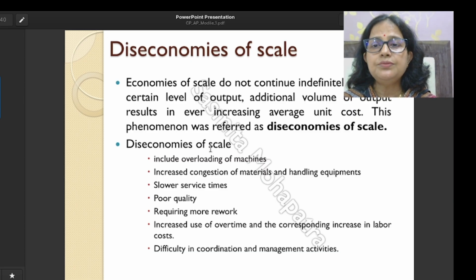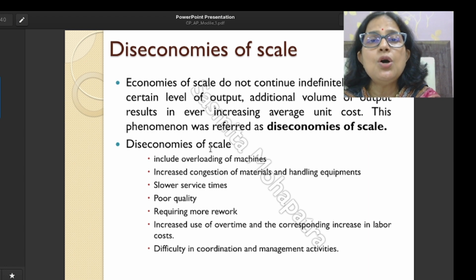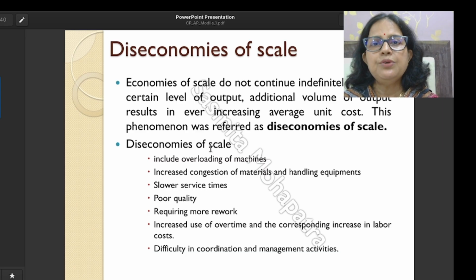The cost per unit goes on increasing when we go for producing beyond the best operating level. That is called diseconomies of scale.